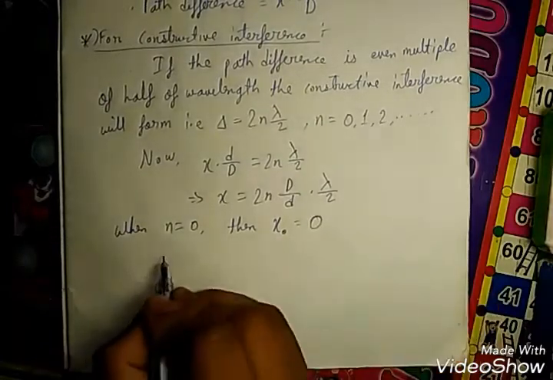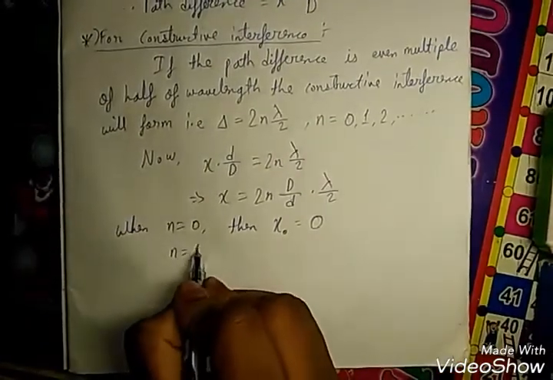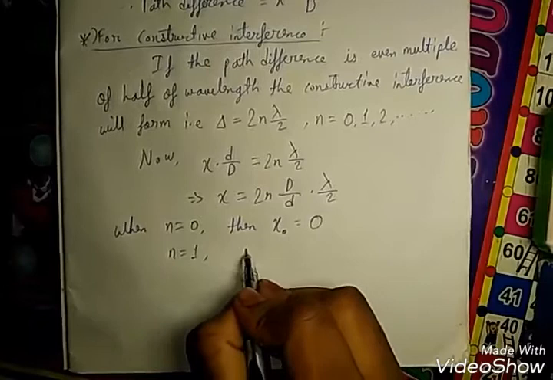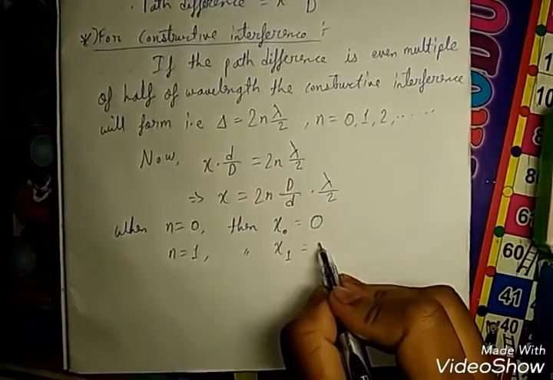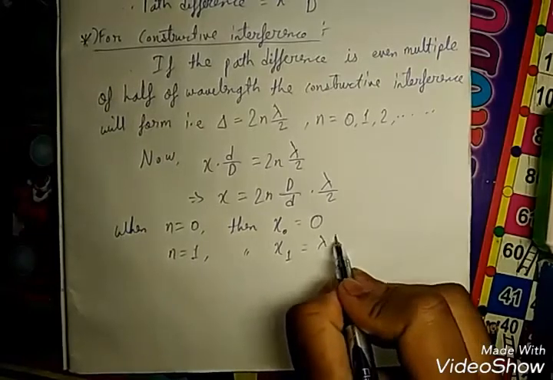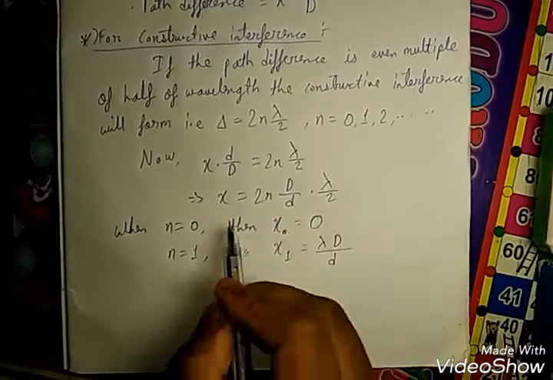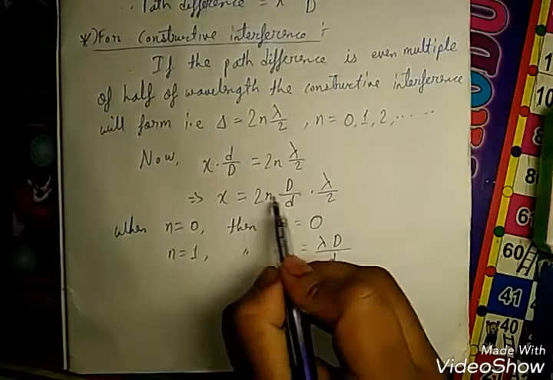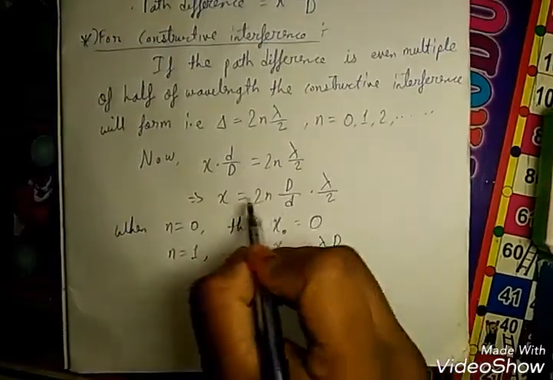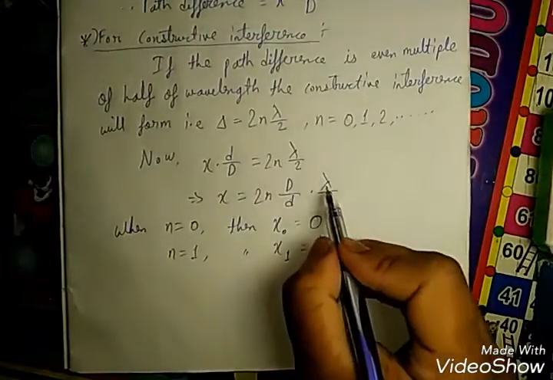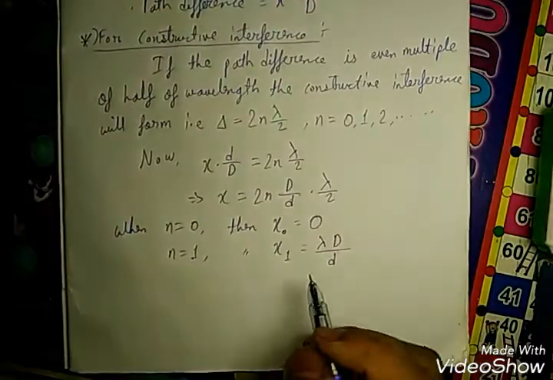Now for n is equal to 1, we get x1 is equal to lambda capital D by small d. As we put n as 1, we can cancel the 2 here, and we get lambda capital D by small d.